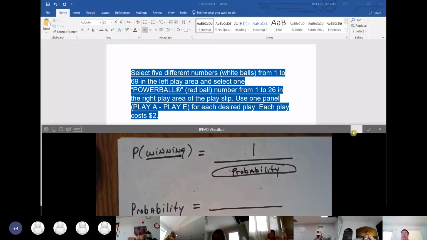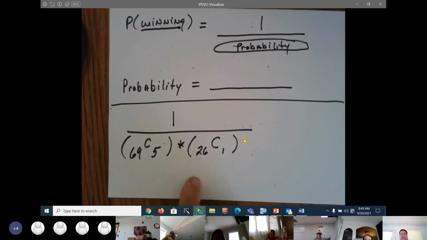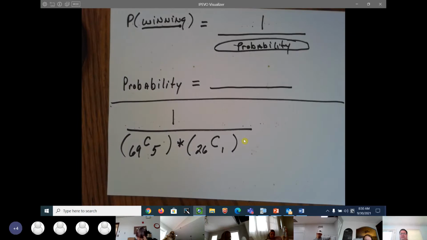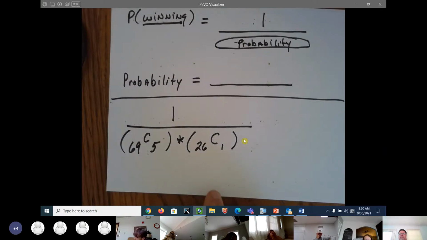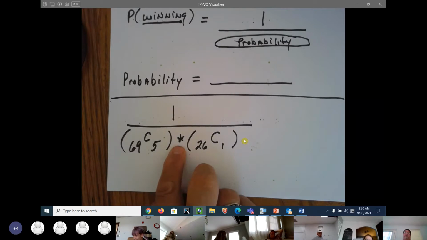A lot of you say, well, how did you know to do that, Hubert? Because you got to have this number and this number and this number and this number and this number and this number. What word did I use? And. And what is and? Multiplication.